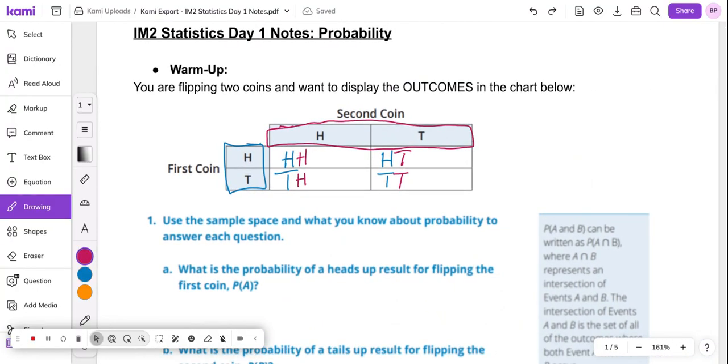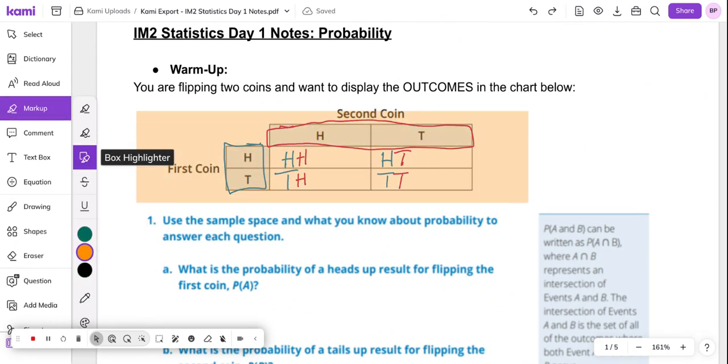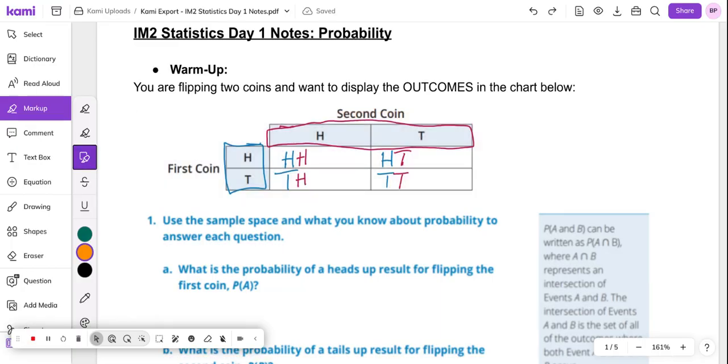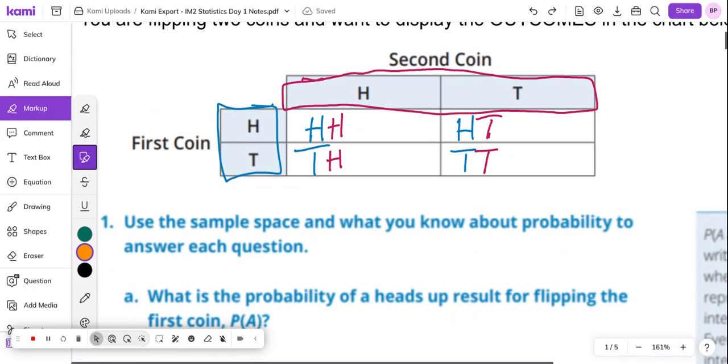Now, before we can answer the questions based on probability, we need to first create what's called a sample space. This thing right here is what is known as a sample space. A sample space shows all possible outcomes for an experiment. So when we flip the first coin, which we've color-coded blue, if we land on heads, that is now established.